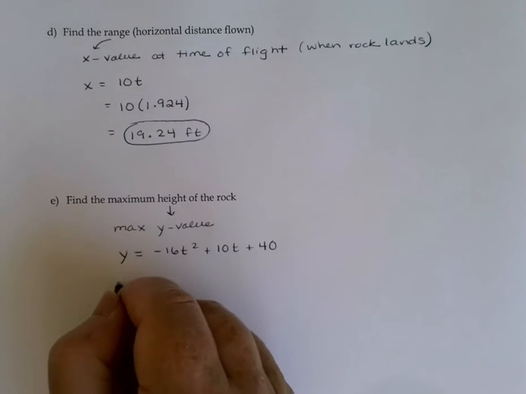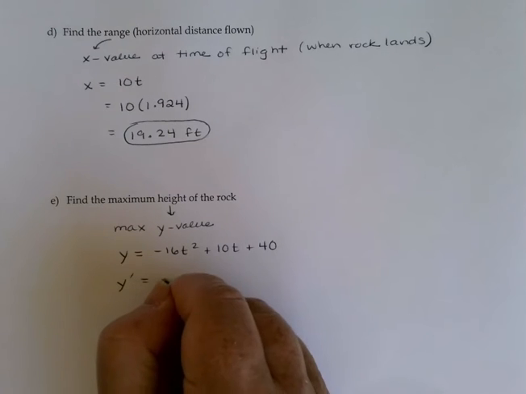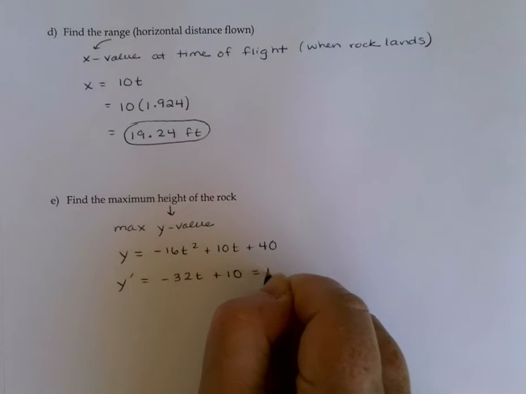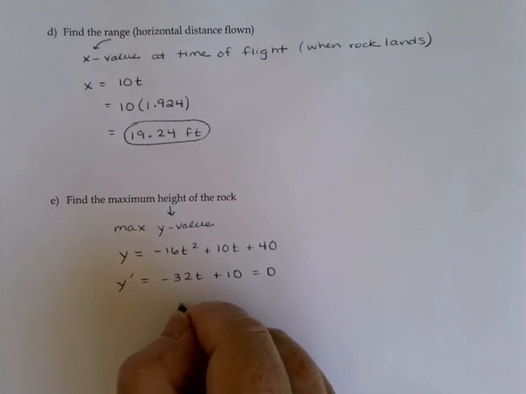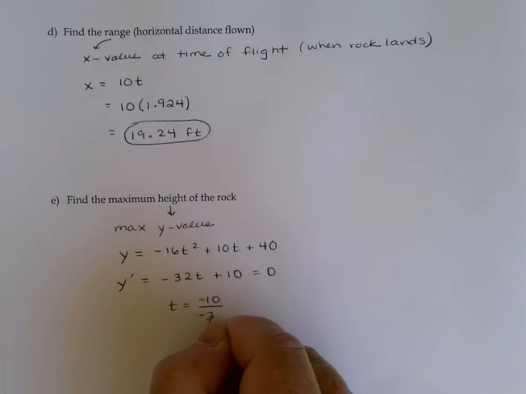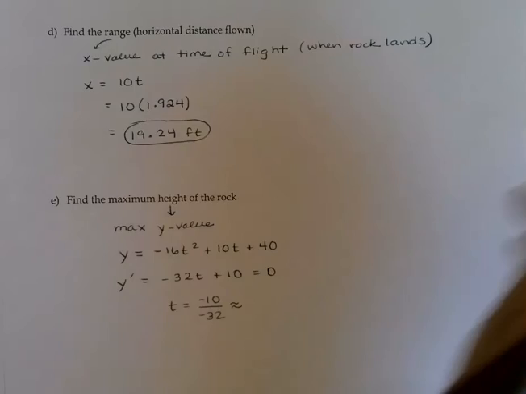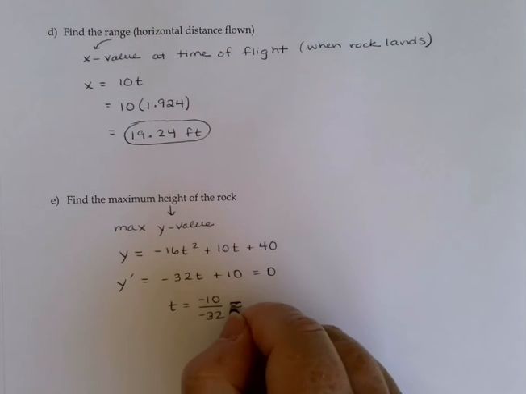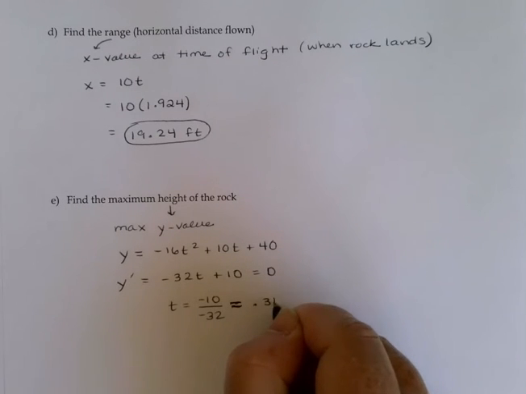And I know I can maximize anything by setting its derivative equal to 0. So it looks like t is negative 10 over negative 32, or about, actually I can put it exact, 0.3125.